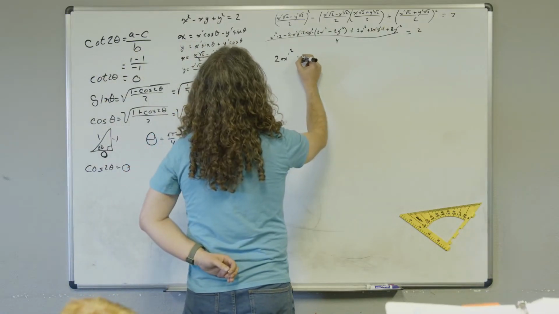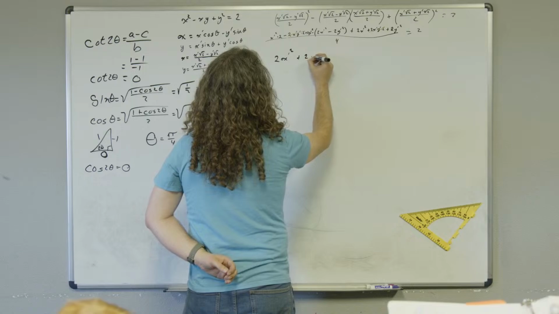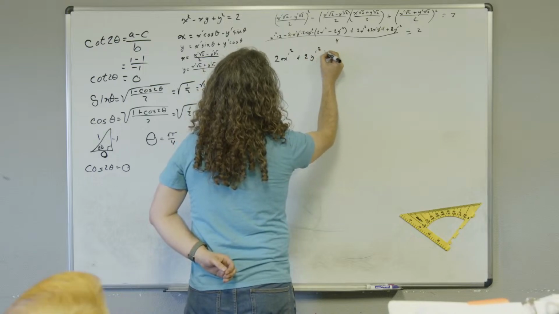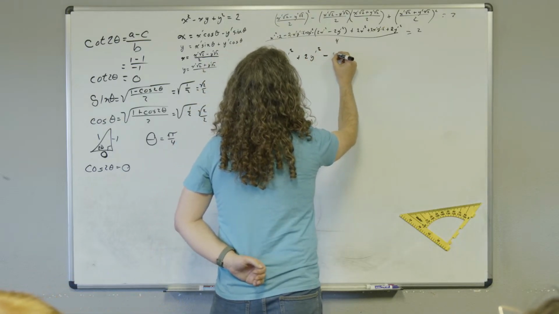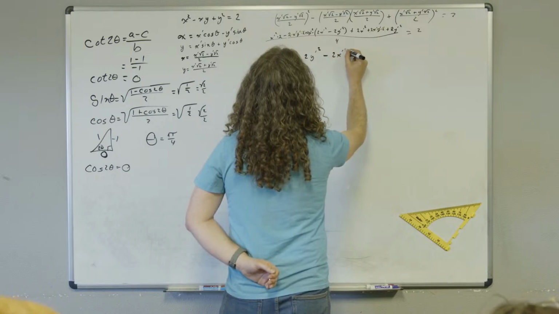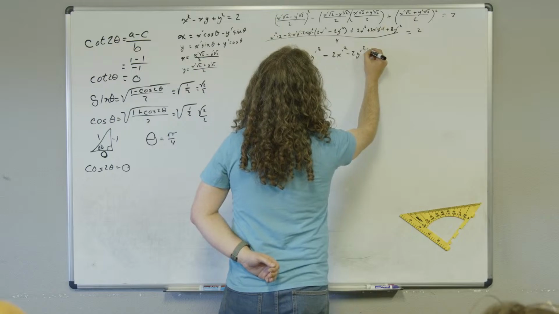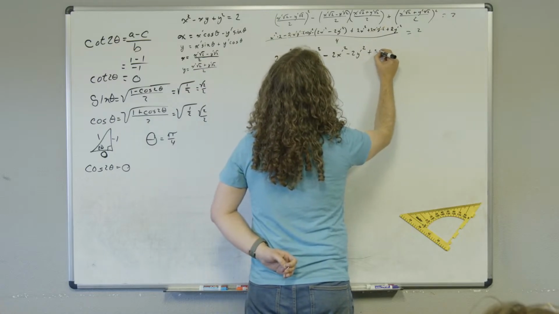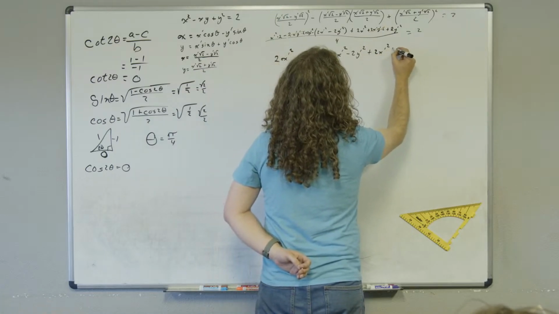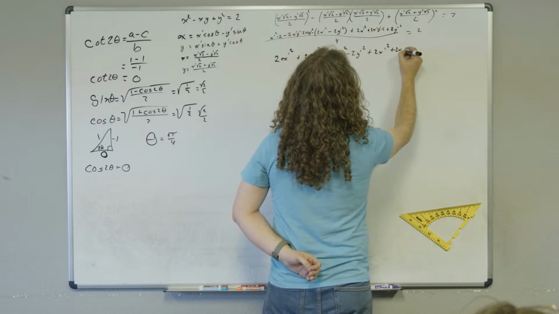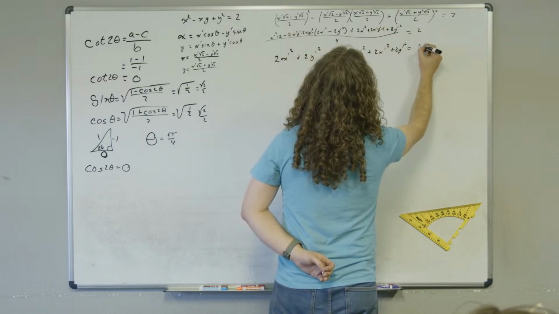Okay, plus 2y prime squared minus 2x prime squared minus 2y prime squared plus 2x prime squared plus 2y prime squared equals 8.